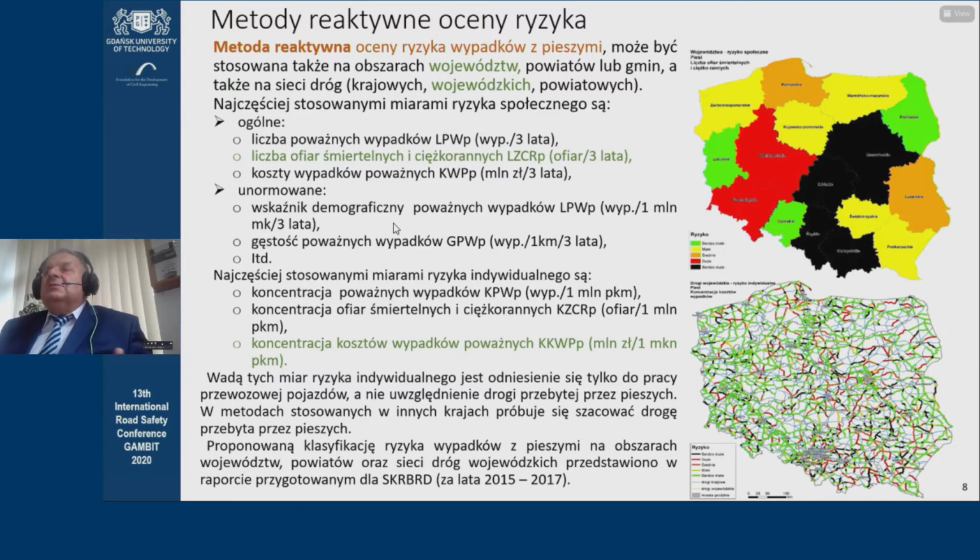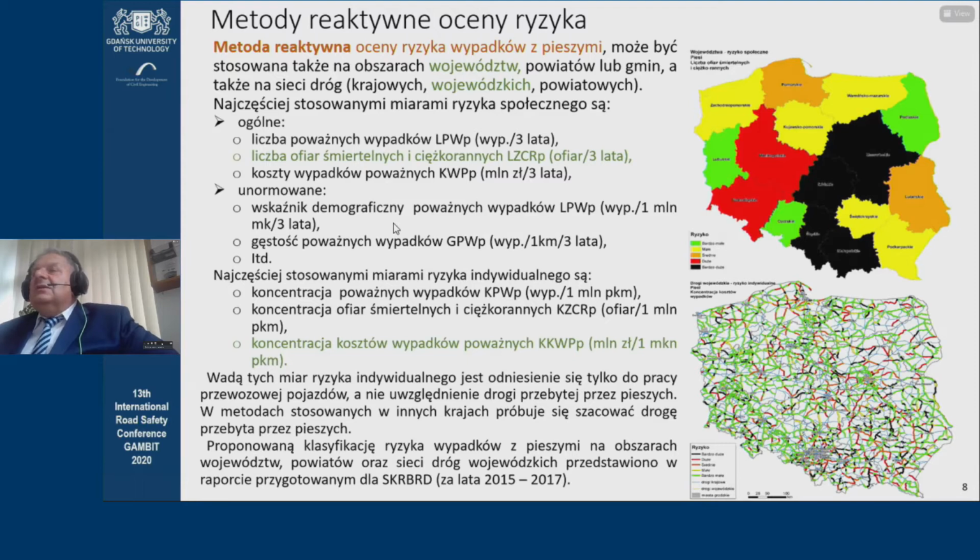And you can see where the risks are the highest on the map. And we applied a similar classification to assess risk on regional roads or local authority roads. This was commissioned by the General Secretariat, and this is available from their website.